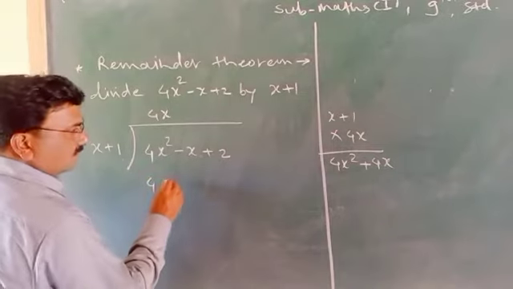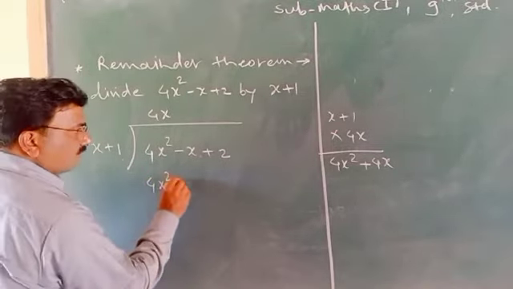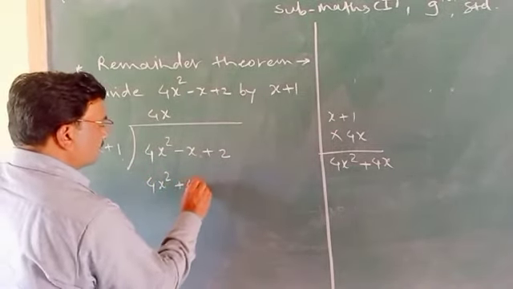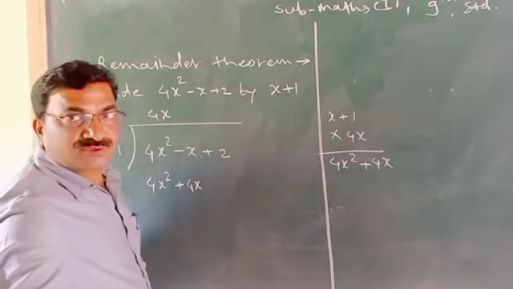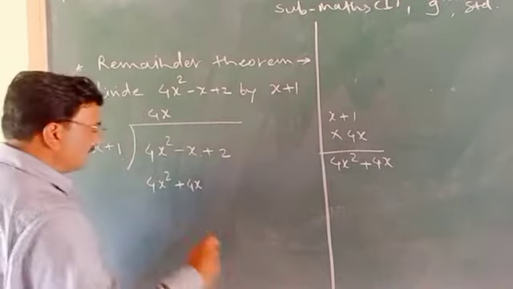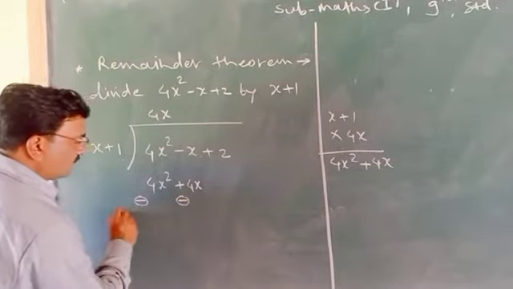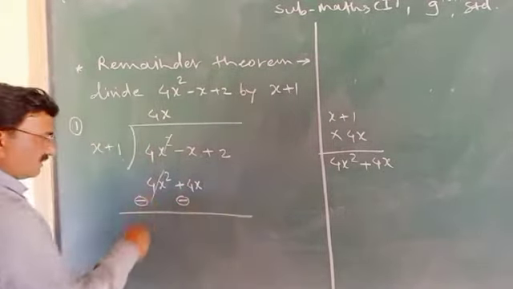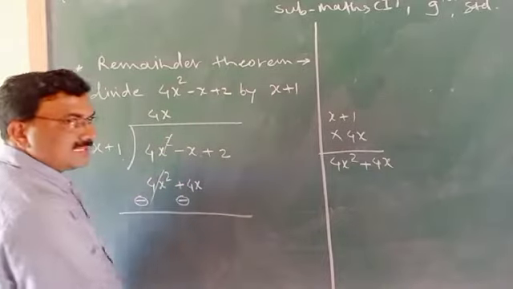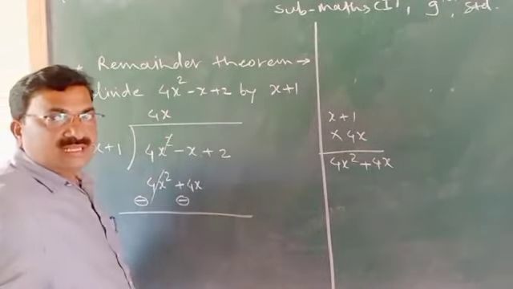Write down that multiplication. Then change the sign. In the process of division, we have to change the sign. Plus will be converted into minus, plus will be converted into minus. Then this plus and minus will get cancelled. Minus and minus signs are same, we have to carry out their addition.